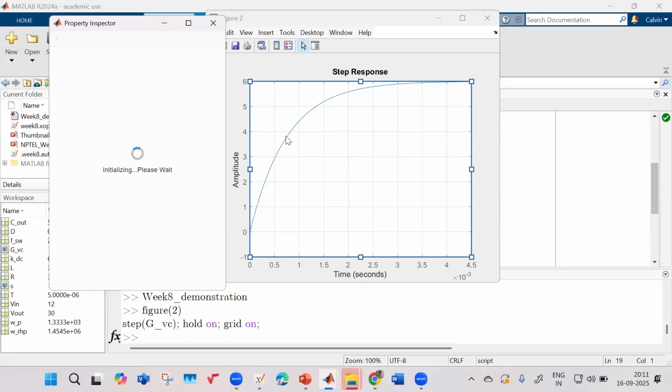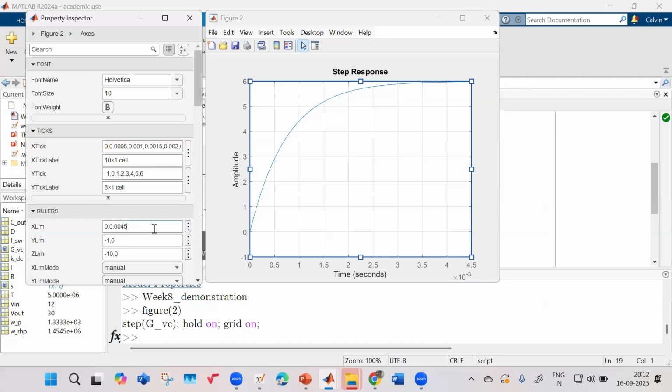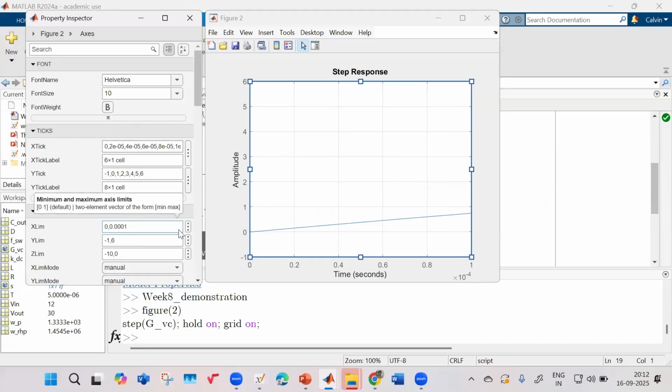Be slow today, sorry. Yeah, it's coming. Your X limit, let me make it 0.005. You make it 0.001.